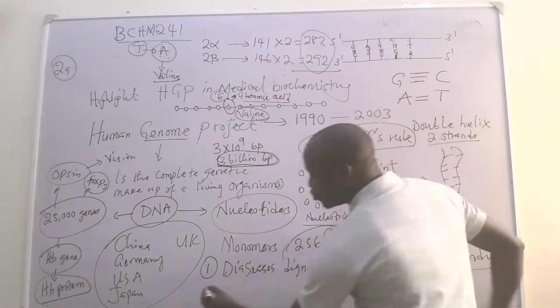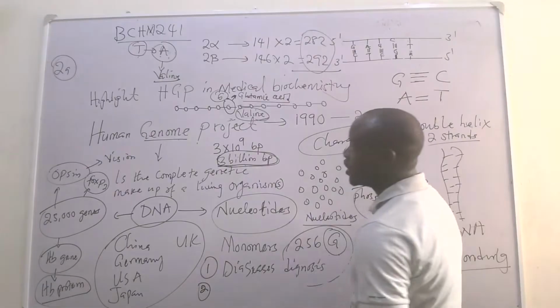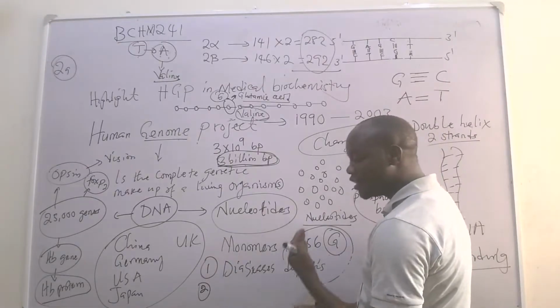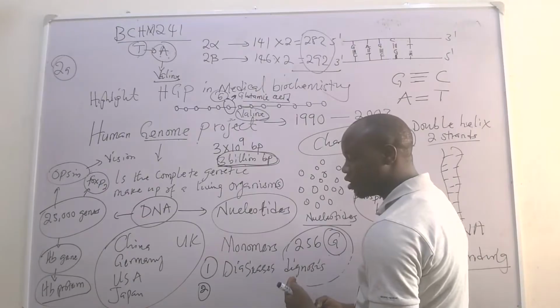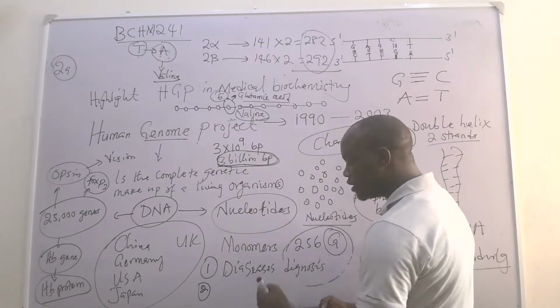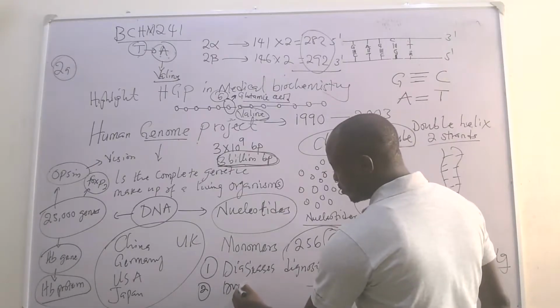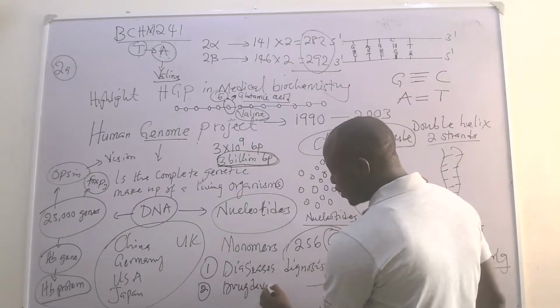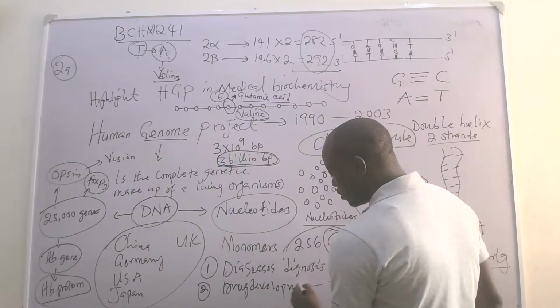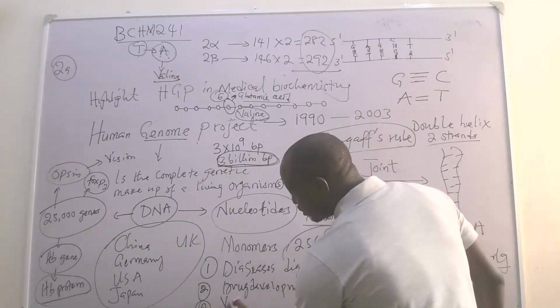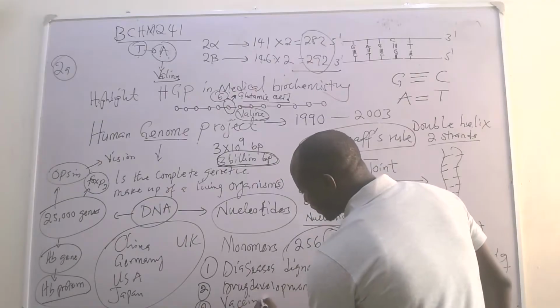And then number two, the knowledge of the Human Genome Project is relevant to medical biochemistry in terms of drug development. Apart from drug development, also vaccine development.